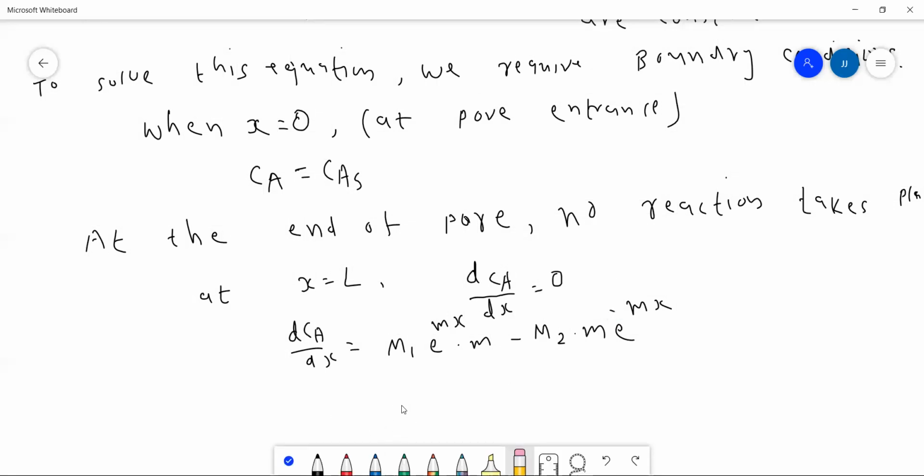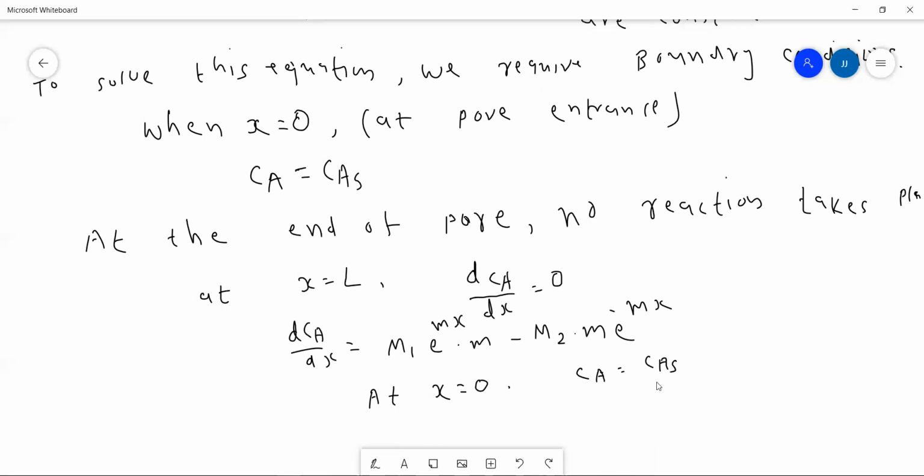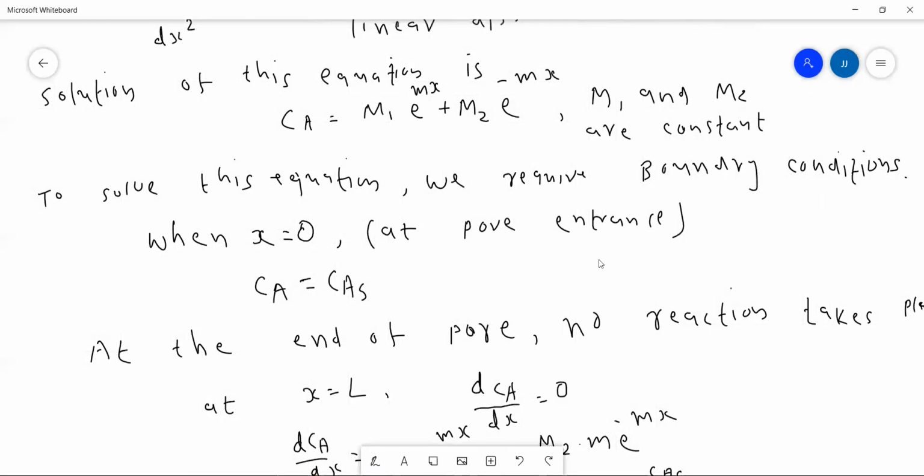So at x is equal to 0, CA is equal to CAS. Substitute here, x is equal to 0, CA is equal to CAS.